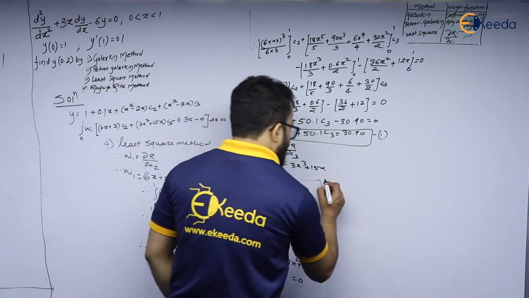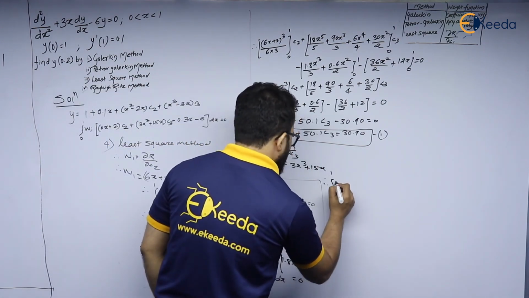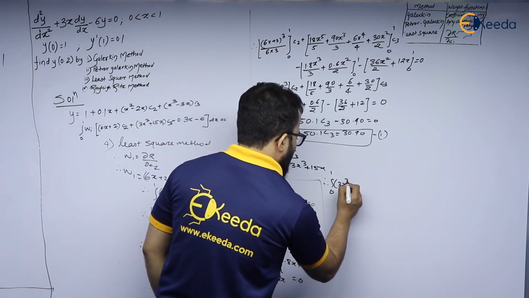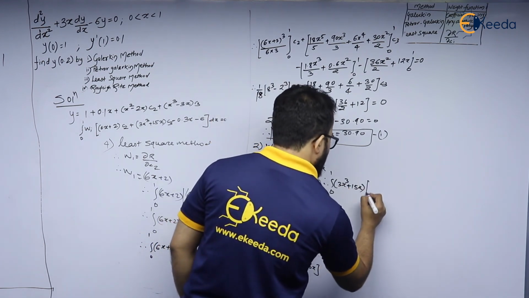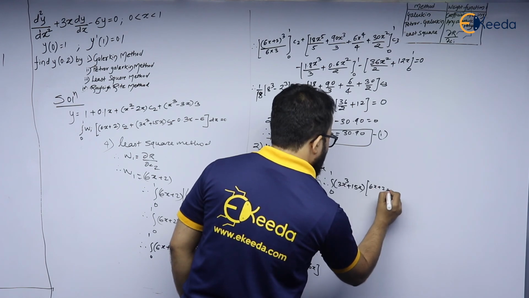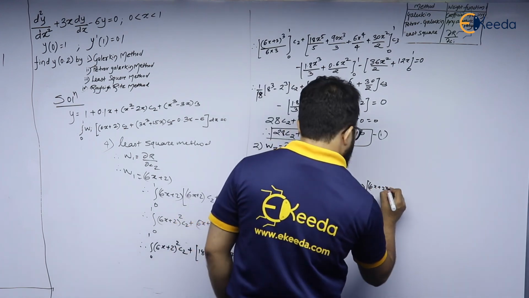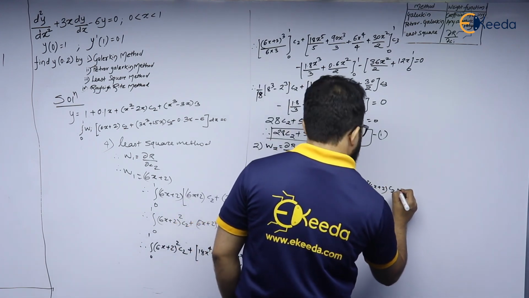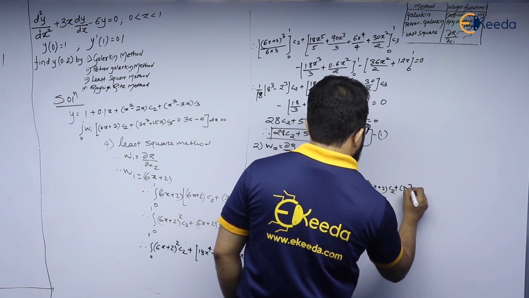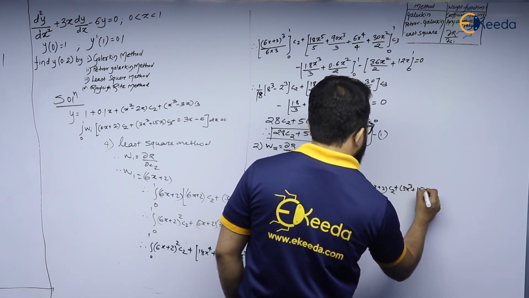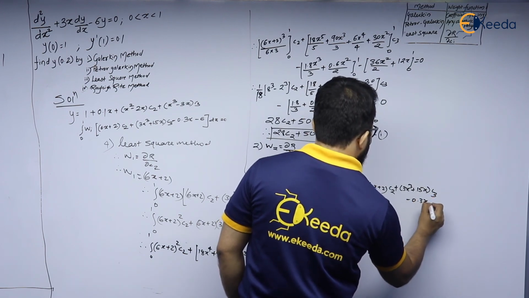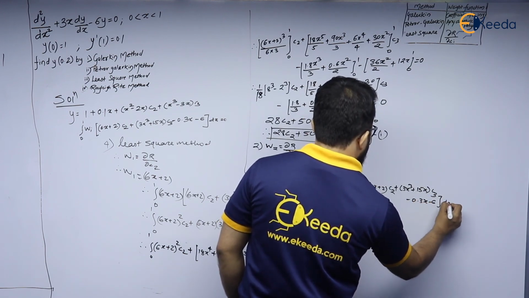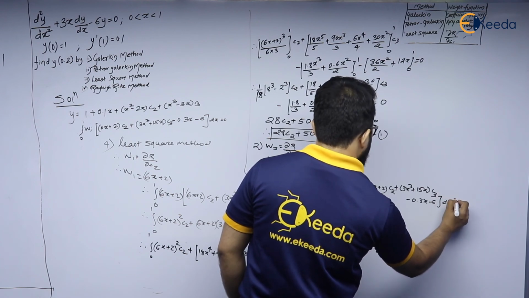So my equation becomes, from 0 to 1, (3x^3 plus 15x) into (6x+2)C2 plus (3x^3 plus 15x)C3 minus 0.3x minus 6 dx is equal to 0.